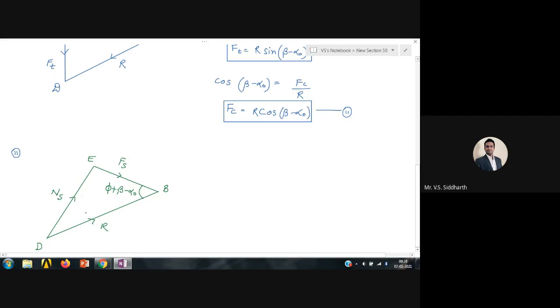Clear? Right. So now in this triangle, what will be cos of phi plus beta minus alpha naught, and what will be sine of phi plus beta minus alpha naught?